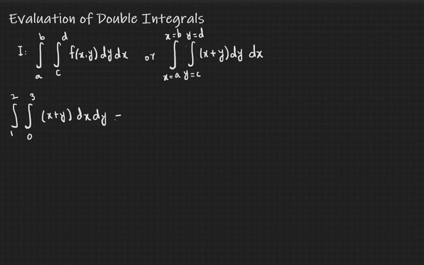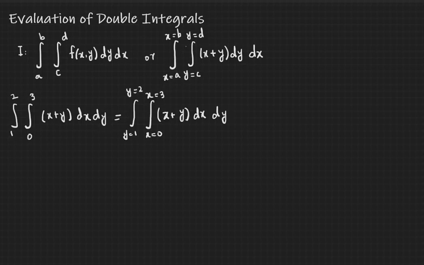So we can simplify this integral as the integration of the function x plus y with respect to x from x equals 0 to x equals 3, and then with respect to y from y equals 1 to y equals 2.